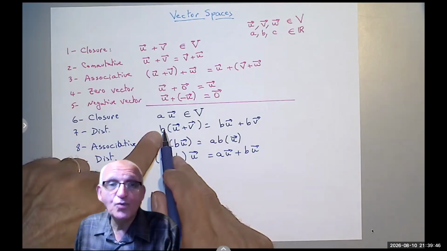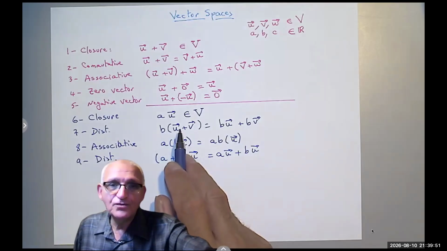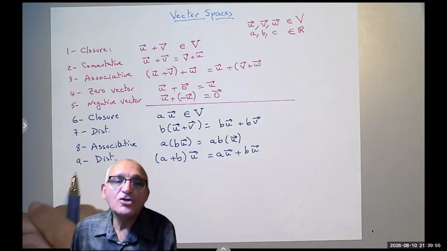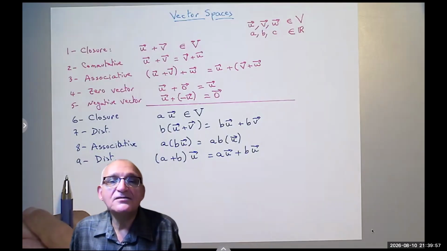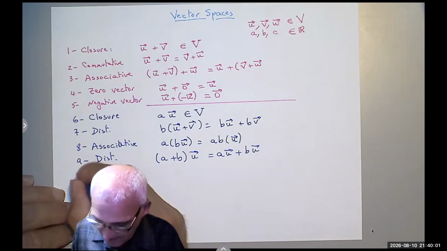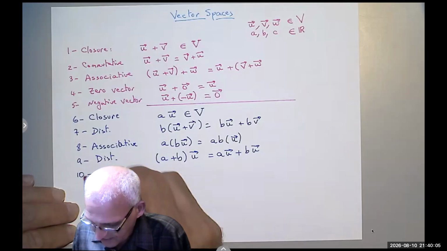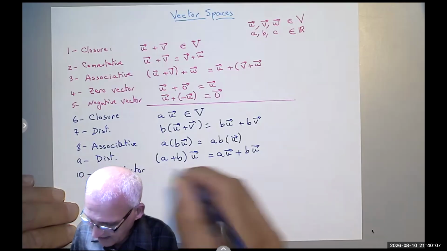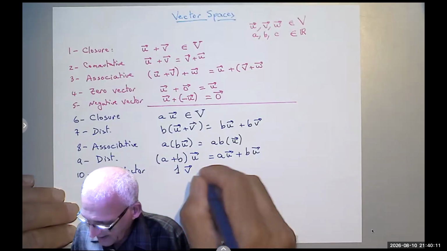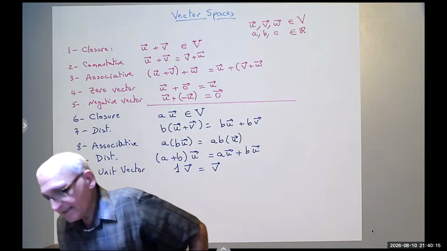So whether it's one constant and two vectors, or one vector and two constants, you also have a unit vector. So number 10 would be the unit vector, right? So if I take the number 1 and multiply it by v, I get back v.